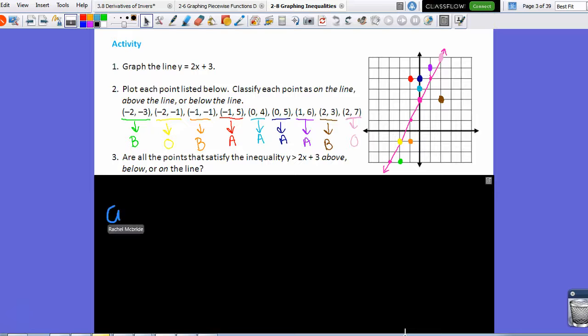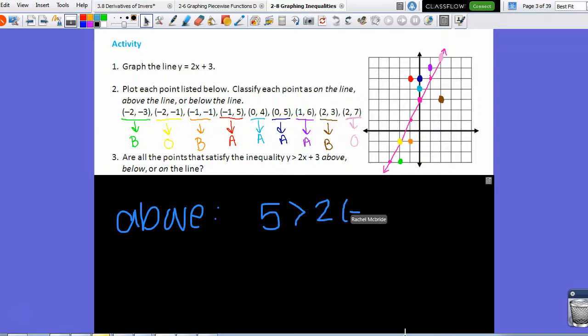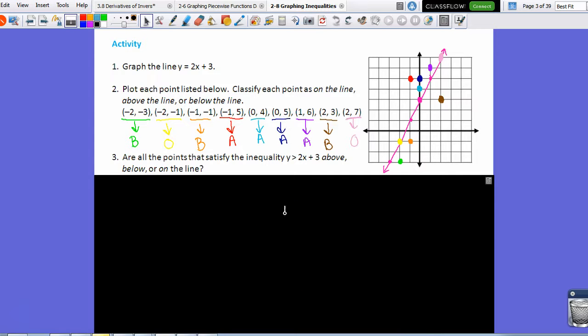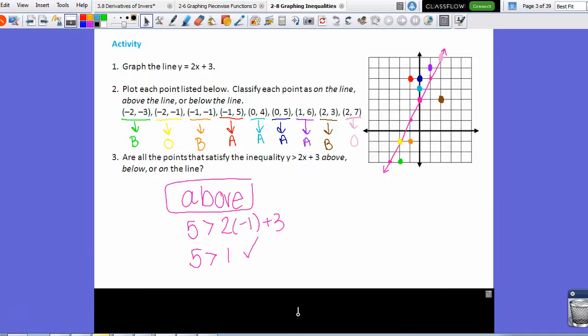So maybe we try above. And you get 5 is greater than 1. Is 5 greater than 1? Yes. So because that inequality is true, the answer to the question are all points above.